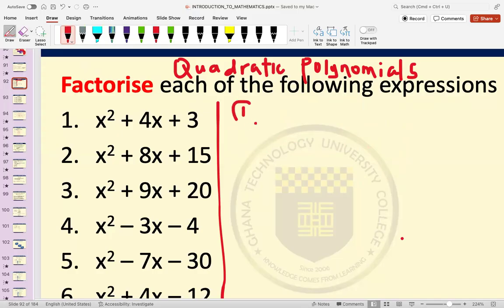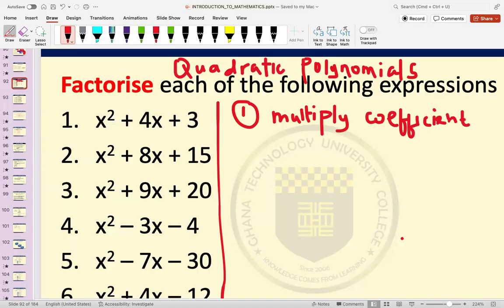Step number 1, multiply the coefficient of x squared by the constant number. So let's do that.